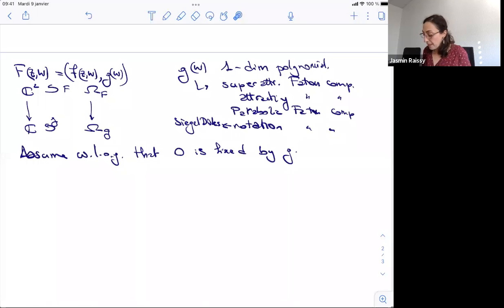And so if I'm searching for a domain which is wandering, then it will project to a Fatou component of little g, and little g is one-dimensional, so I know how to classify them.